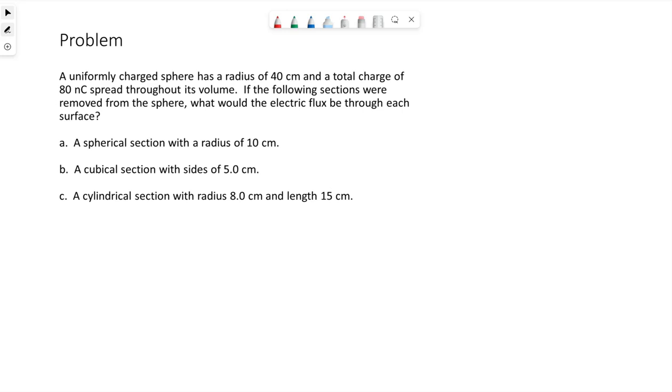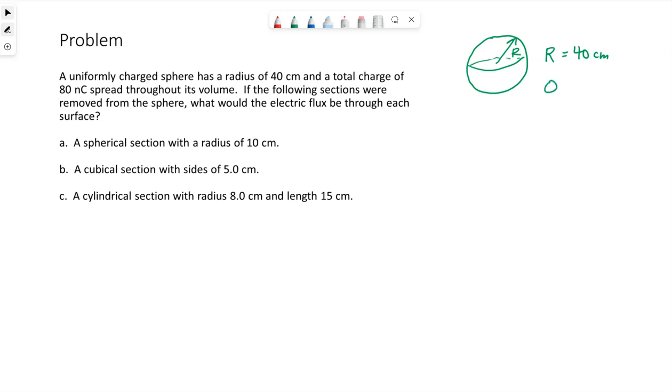So our actual charged object is a sphere. We will consistently use a capital R to represent the radius of the actual charged object. So the radius of this charged sphere is 40 centimeters.